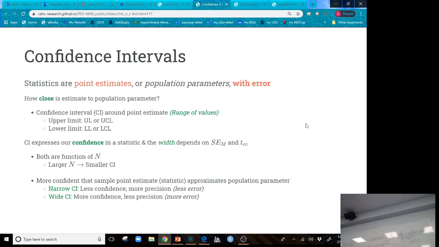Any time we take a sample, our sample average or sample standard deviation or sample median, the sample value is our best guess at the population's value. But is it going to be perfect? Never. If we take a different sample, we'll get a slightly different answer. So the confidence interval gives us a range, a margin of error, to let us know how accurate and precise we are with our sample.